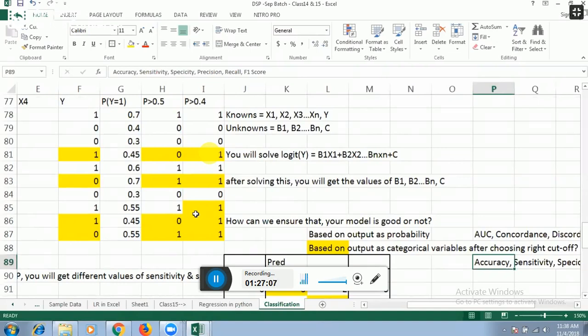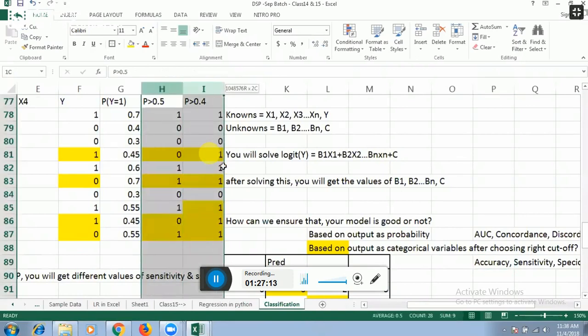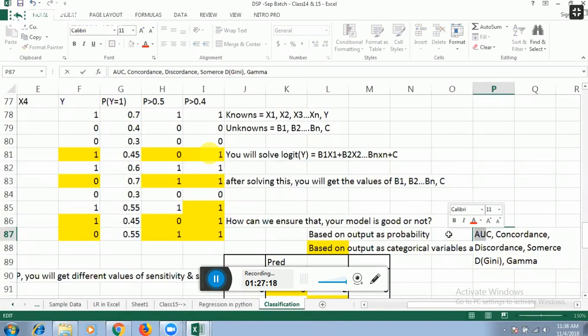That is one methodology you can choose. Once you get the cutoff, these are the metrics. But even before getting the cutoff, I can tell whether my model is good or not by looking at the AUC. Because for the AUC, you don't need any cutoff, right? Because if I know the probability for different cutoffs, I will get the sensitivity and specificity, and based on that, I can calculate the ROC curve, and by using that, I can calculate my AUC.